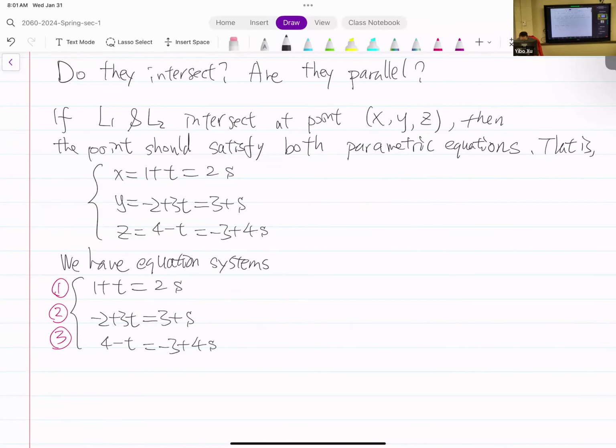Usually you can solve t and s from, let's say, 1 and 2. Then if 3 is satisfied, great, all three equations are satisfied. If 3 is not satisfied, then there's no such intersection.